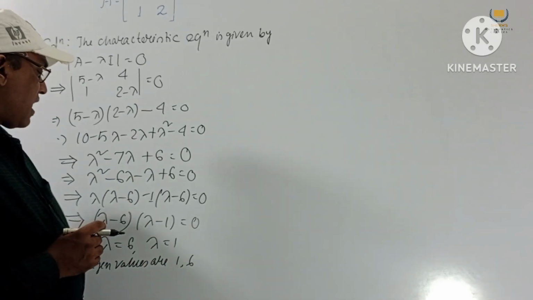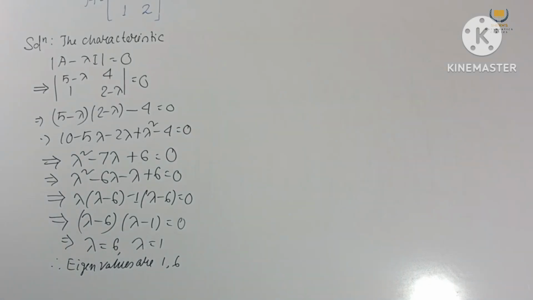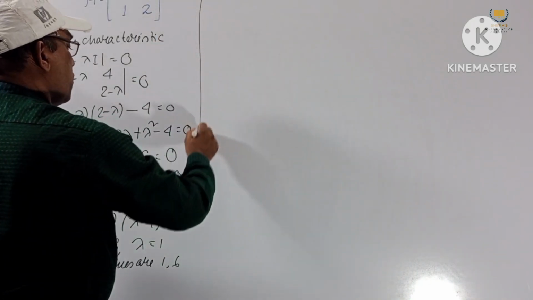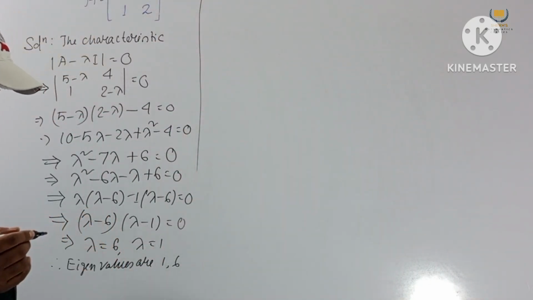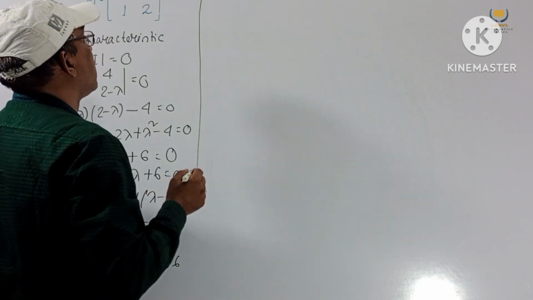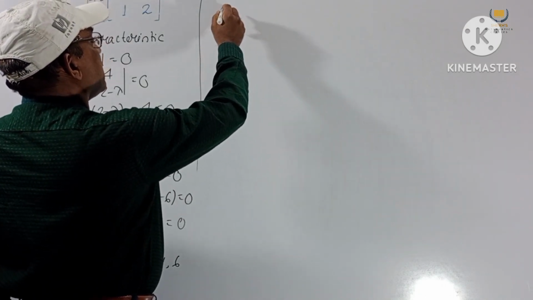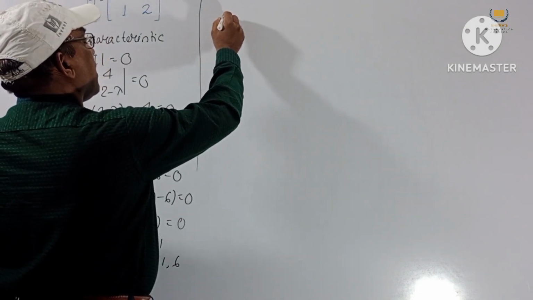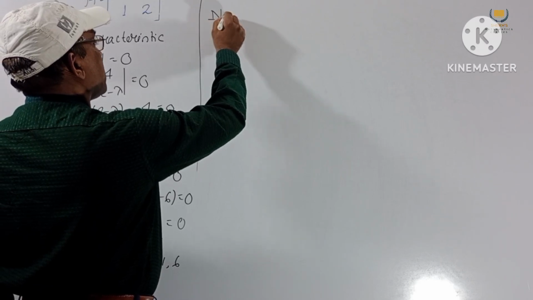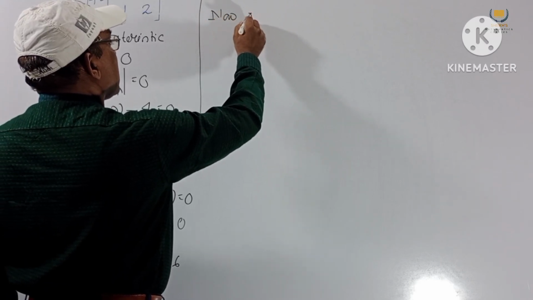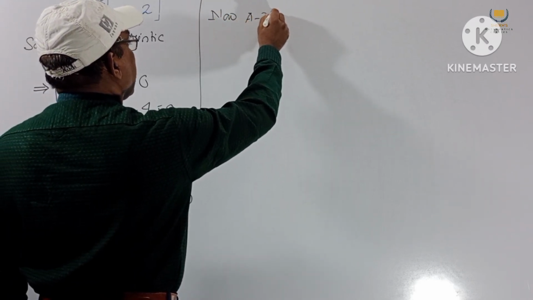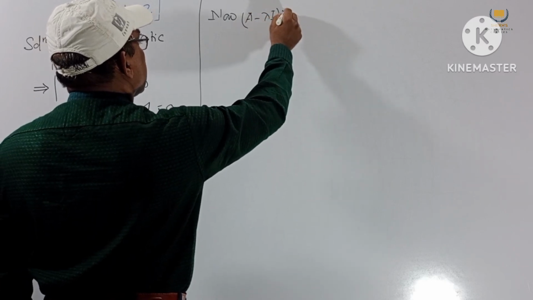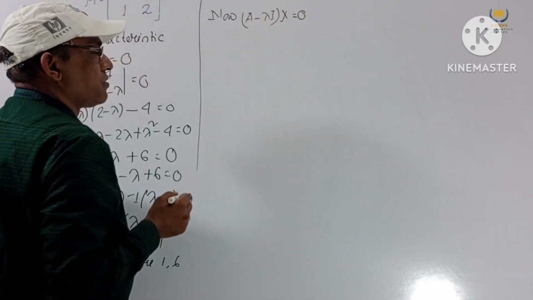Now we consider eigenvectors. So for eigenvectors, we write A minus lambda I times x equal to 0.